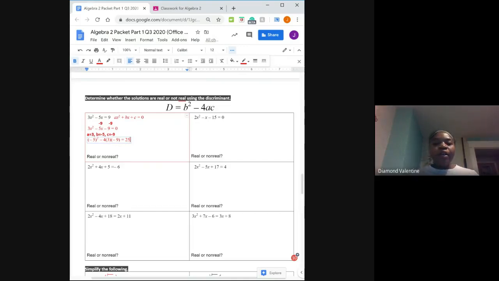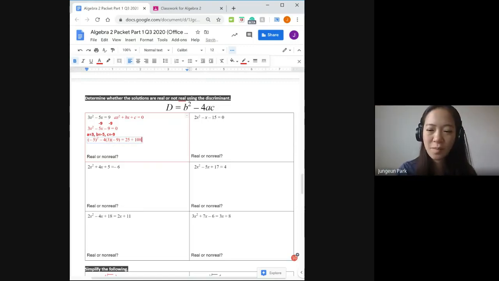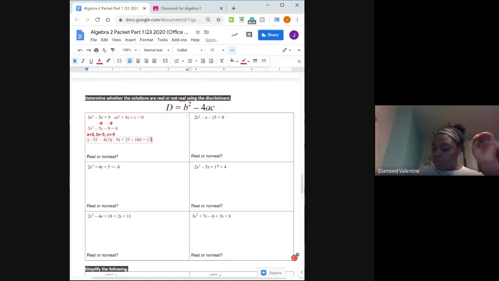Both of the negatives cancel each other out, and you get 108. So it would be 25 plus 108. Very good job. 25 plus 108 is 133.